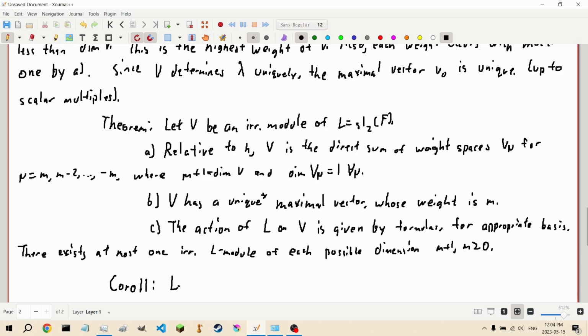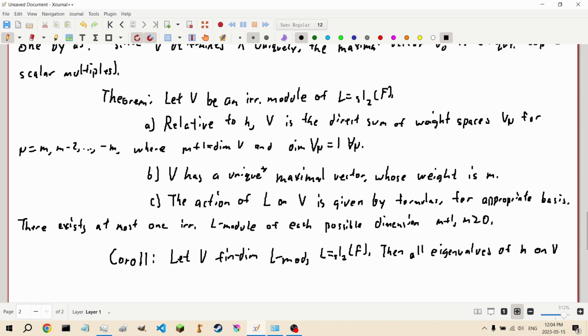So, corollary: let V be a finite dimensional L module, where L is, of course, sl_2(F). Then all eigenvalues of h on V are integers.